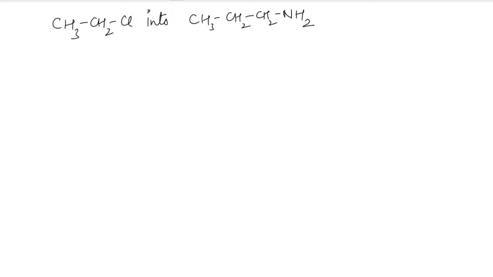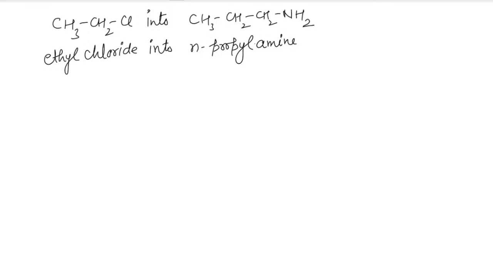How do we convert ethyl chloride into normal propyl amine? Can you tell me what is the scheme, or how do we think about that, how do we proceed? Yes, what do we do, tell me.